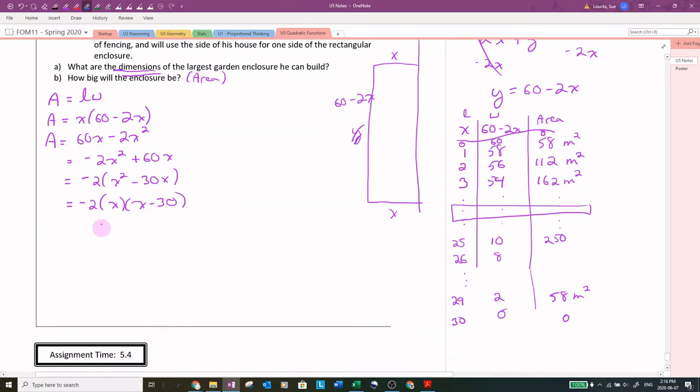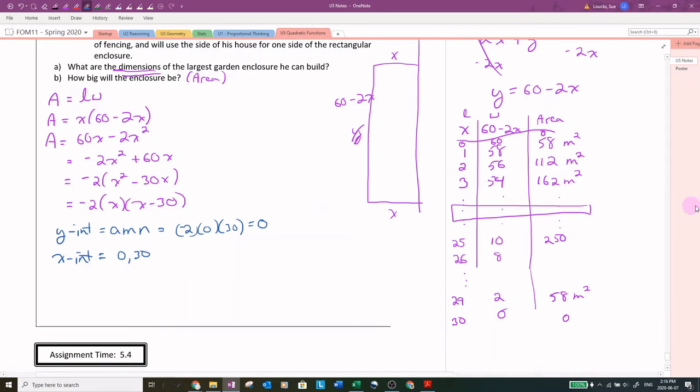And we know from this shape of the equation that our y-intercept is a times m times n, which is negative 2 times 0 times 30, which is 0. And our x-intercepts are 0 and 30.